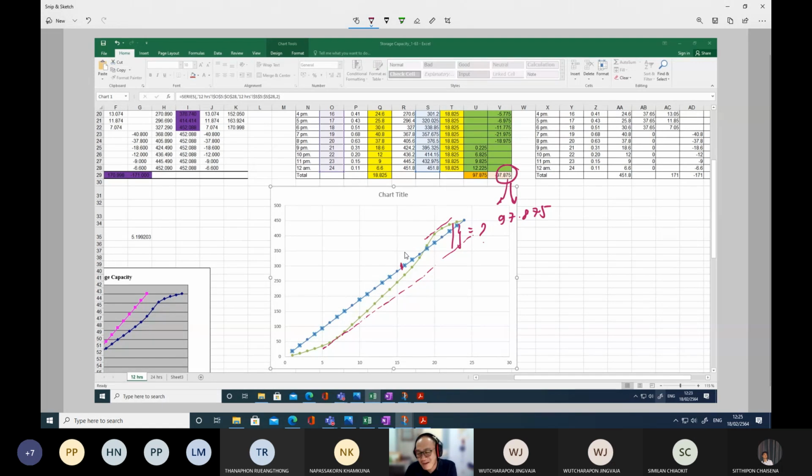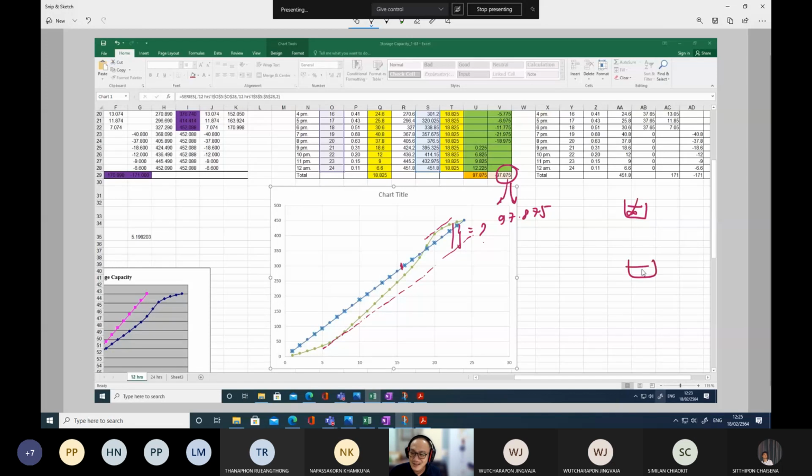So if there are pumping facilities not corresponding with the inflows or outflows, sometimes it may be like this. This is the storage. The inflow may vary, but the outflow may be constant.